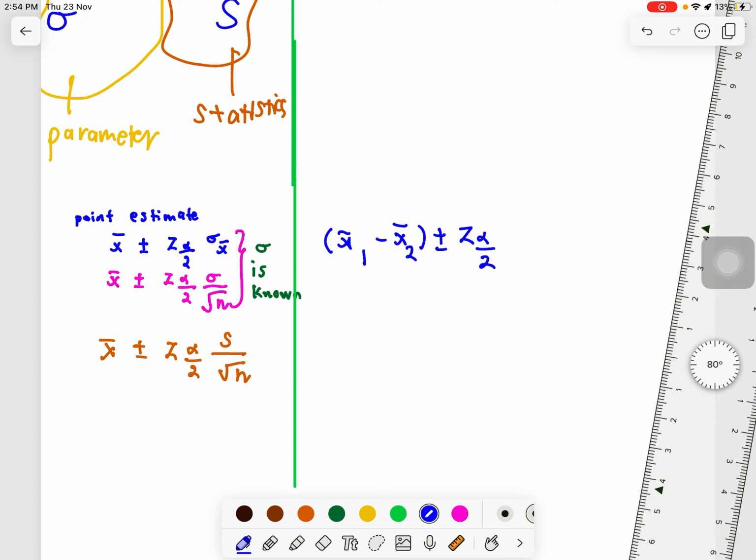If sigma 1 and sigma 2 are known, we use the sigma values. If not, we will use this.